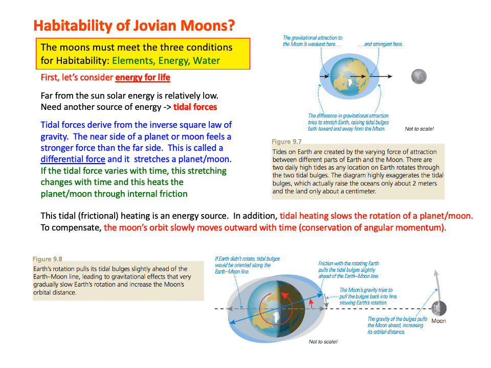So in fact, there's this bulging that happens on the side of the Earth that's closest to the moon, directly underneath the moon, and on the far side of the Earth the stretching is the least.